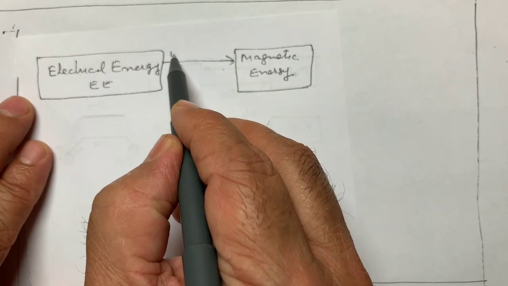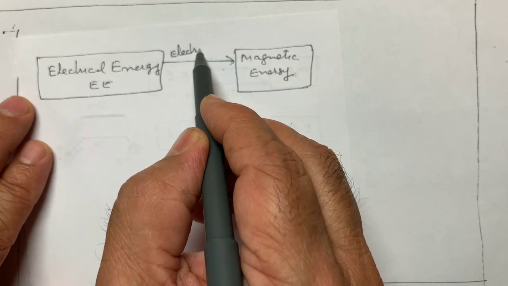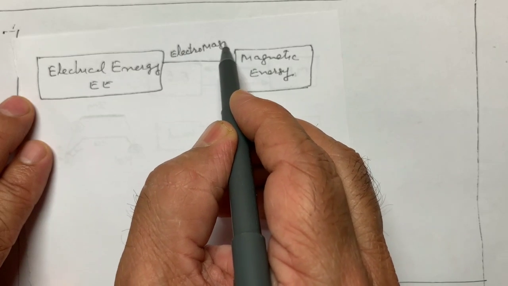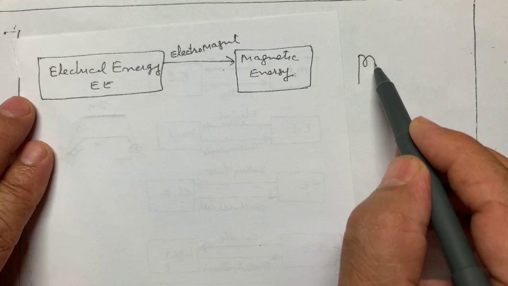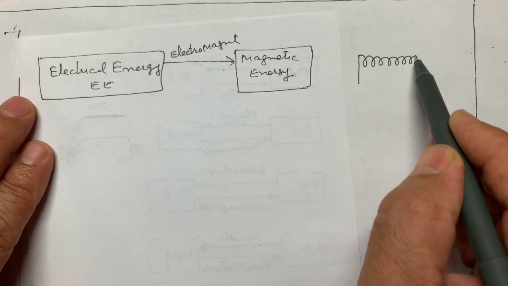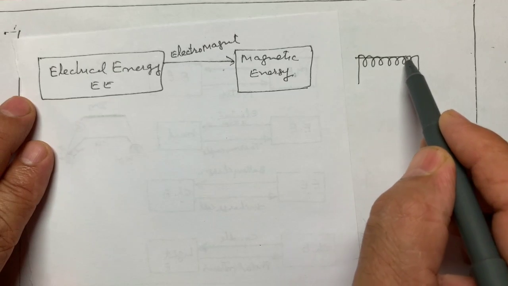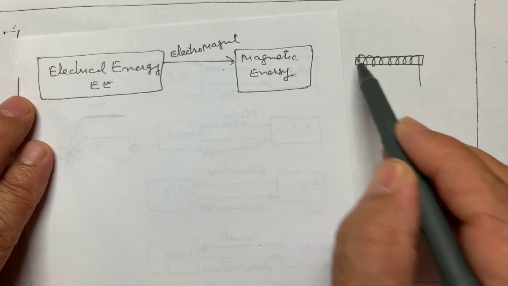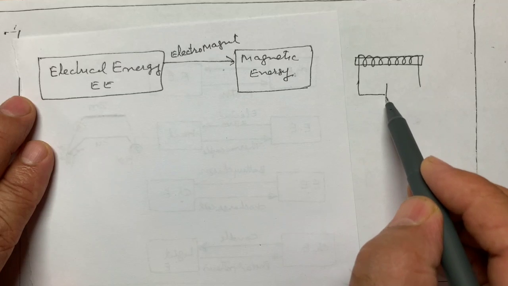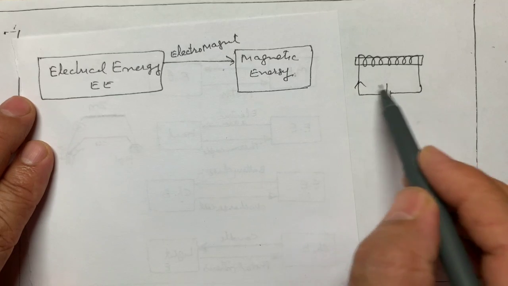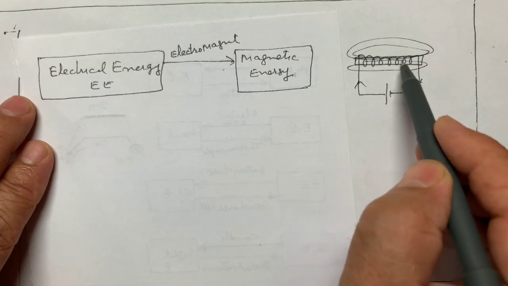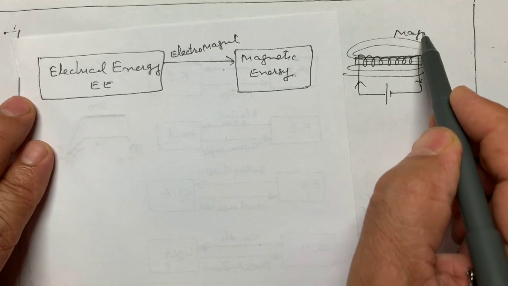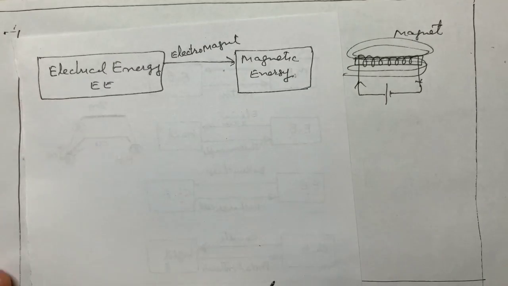That is a process known as electromagnet. You know what an electromagnet is? If we have a coil and an iron piece is placed in it, and we pass a current through it, then it behaves as a magnet. So electrical energy is converted into magnetic energy.